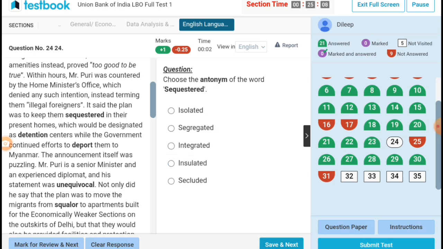Choose the antonym of sequestered. It said the plan was to keep them with. Sequestered means it is isolated, which is a synonym.